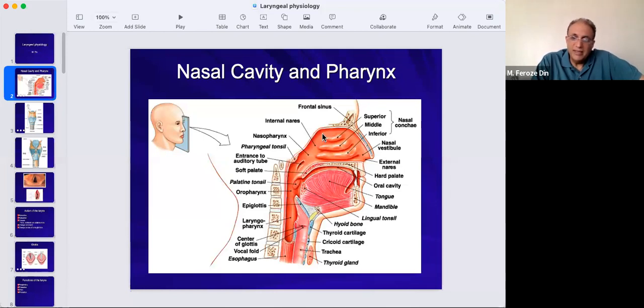As you know, the pharynx is divided into nasopharynx, oropharynx, and laryngopharynx. And posterior to the larynx is the esophagus, and the larynx then becomes the start of what is exclusively the respiratory tract. Up to then, these are common.